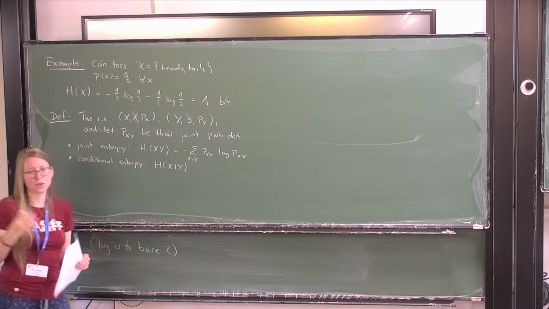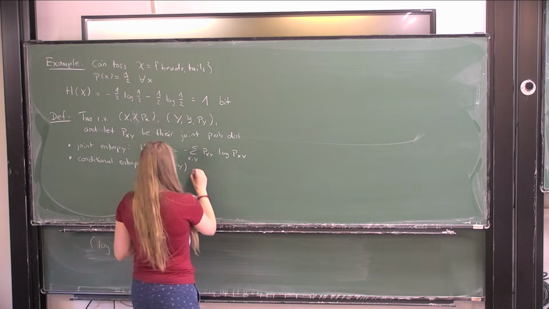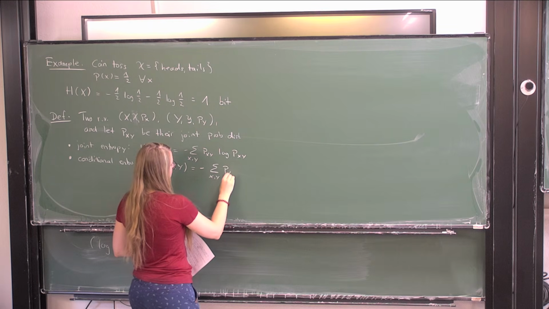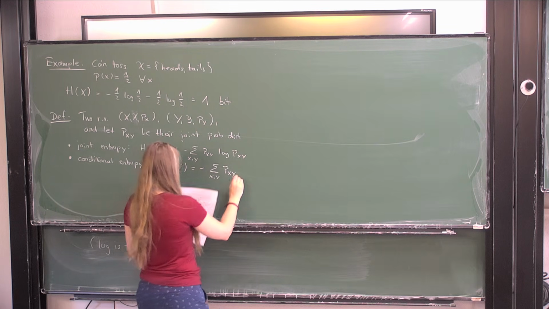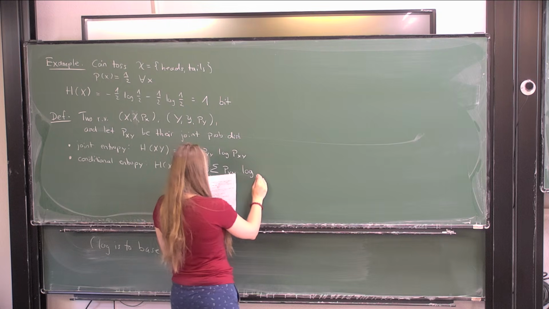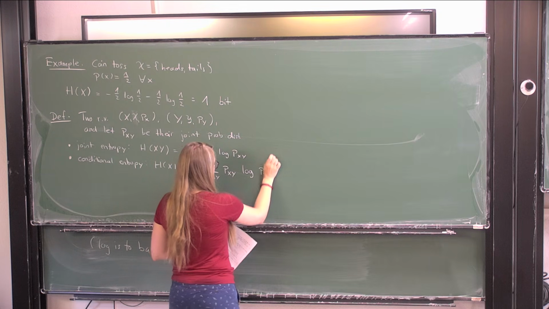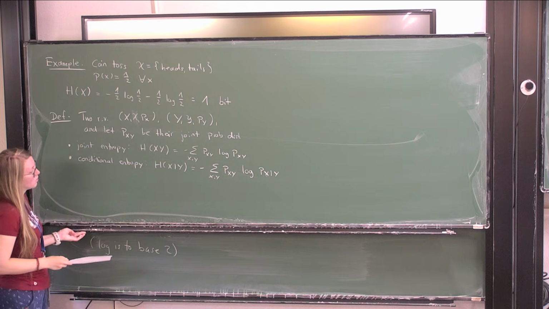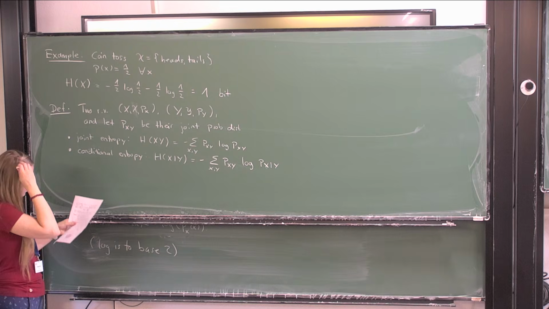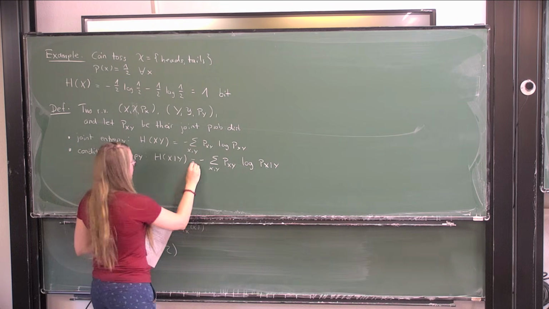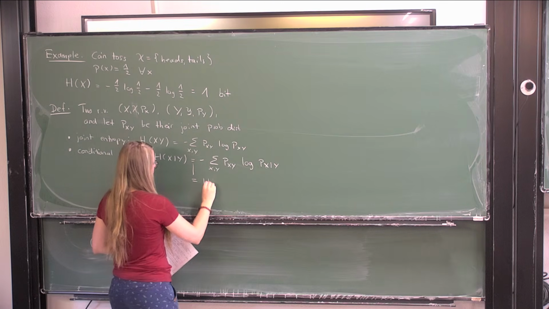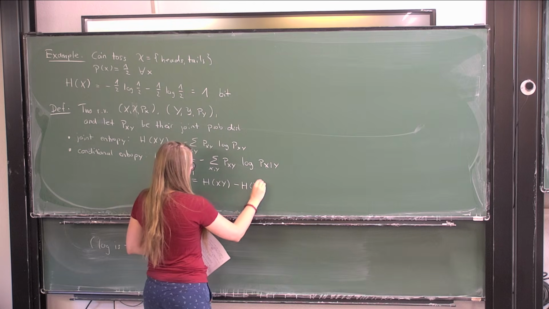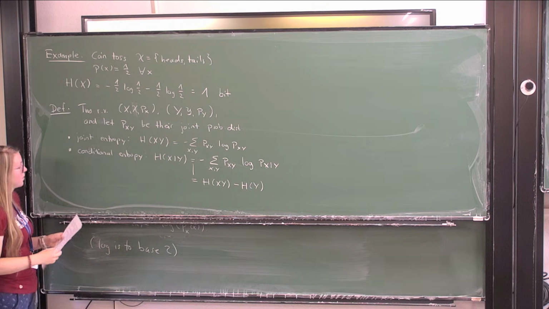So analogously to the conditional probability distribution, this one is given by the joint probability distribution times the logarithm of the conditional. And this one can actually be rewritten as the joint entropy minus the marginal entropy of y.